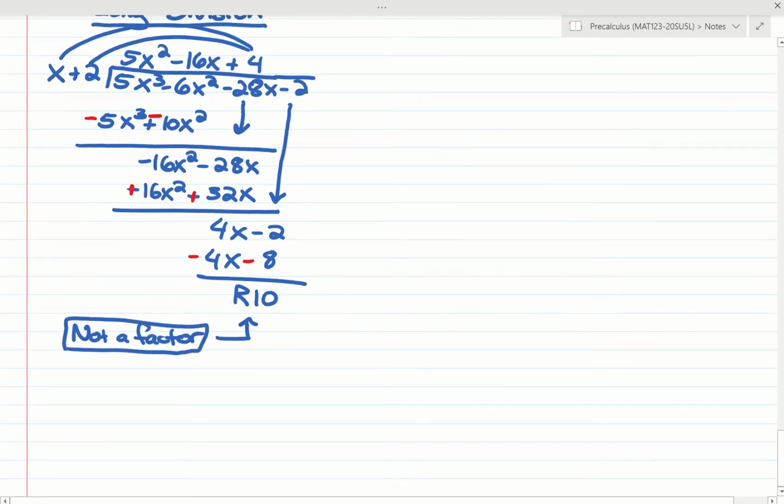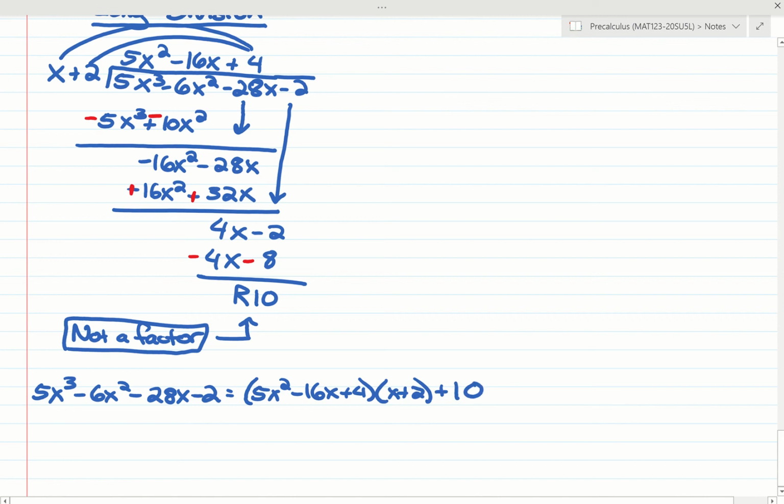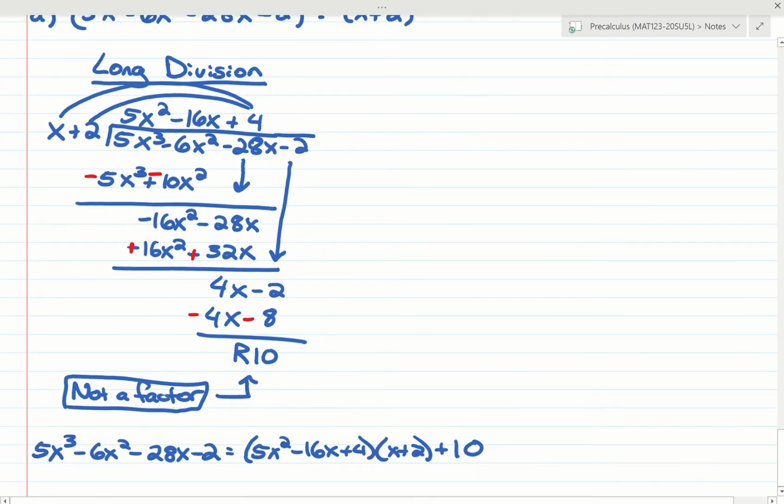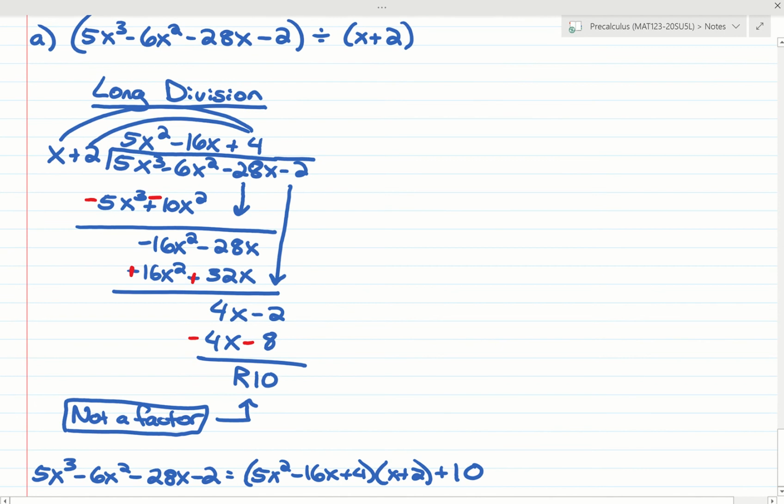The way we could write this is we could say that 5x to the third minus 6x squared minus 28x minus 2 is equal to the quotient times the divisor plus the remainder. And if you FOIL that out, it would work out to the same thing. That's how we do long division. Let's learn a new technique called synthetic division.